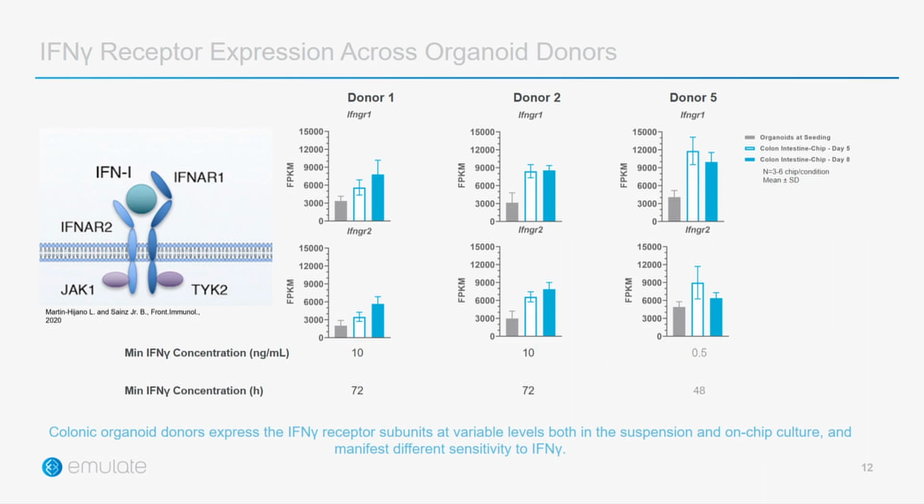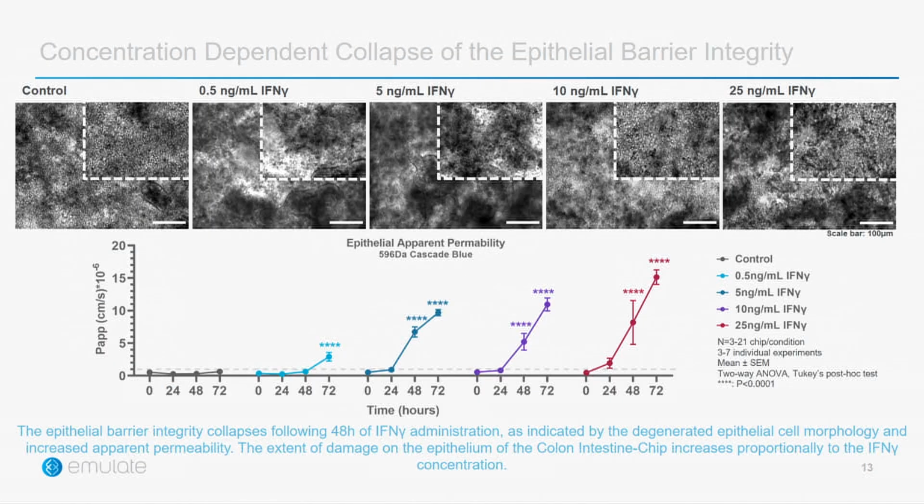But it only takes a slightly higher expression of the receptor to significantly increase the sensitivity. And that's why we always go back and titrate and evaluate the response of each donor to interferon gamma.